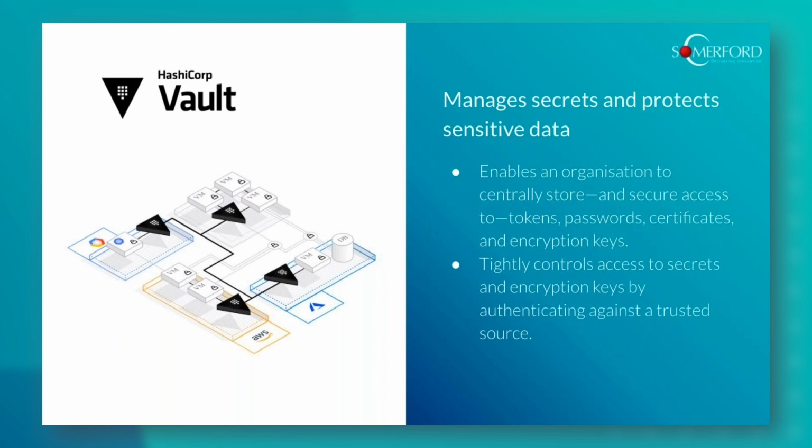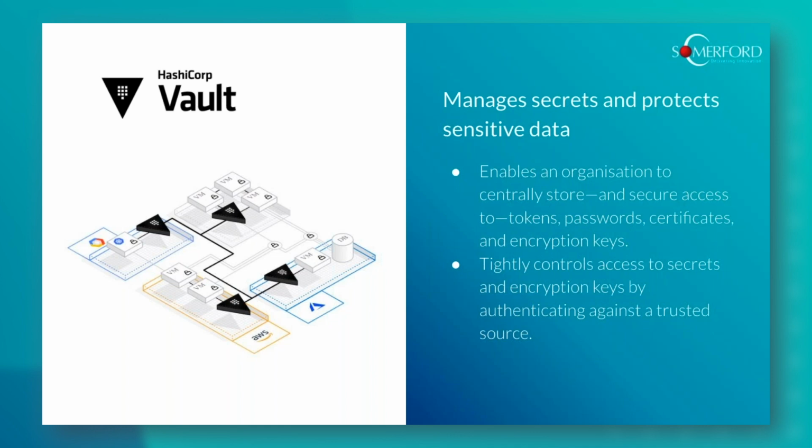And it does all this by working with a trusted source, and it's one trusted source, whatever your identity provider is, Okta, Active Directory. That's all that you need to worry about, basically. From there on, once Vault is certain that the entity is known to your system, be it a machine or a person, Vault takes care of all the things that they can do from there on out in policy.